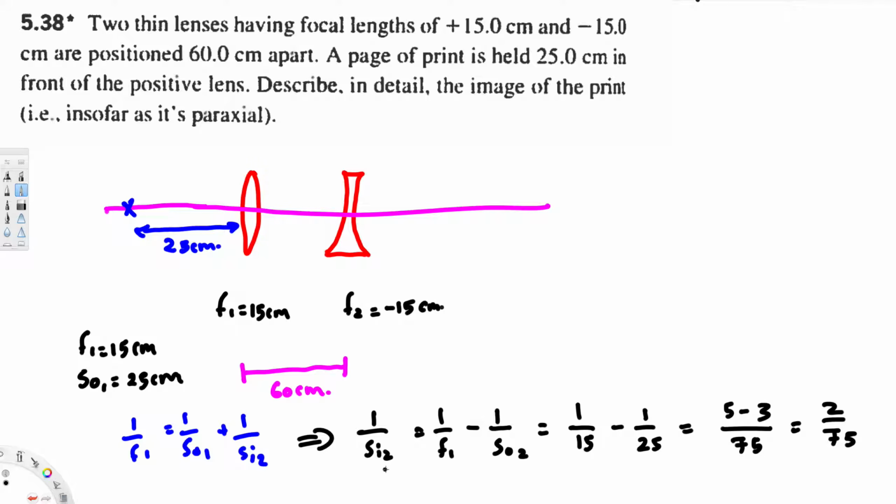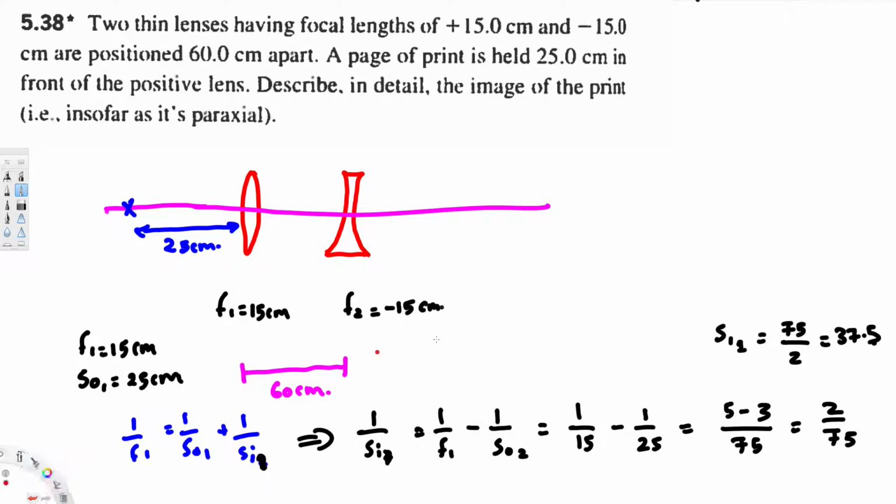This is si1, because we are trying to find the image distance due to the first lens. Therefore si1 is equal to 75 divided by 2, which is 37.5.